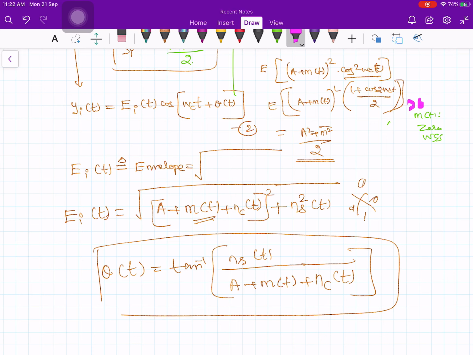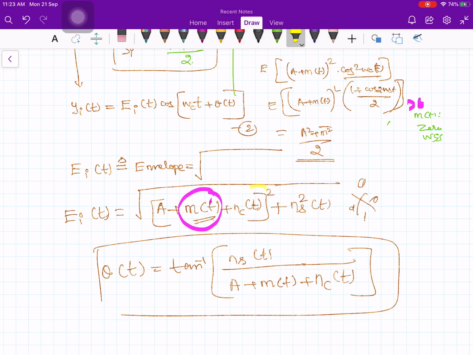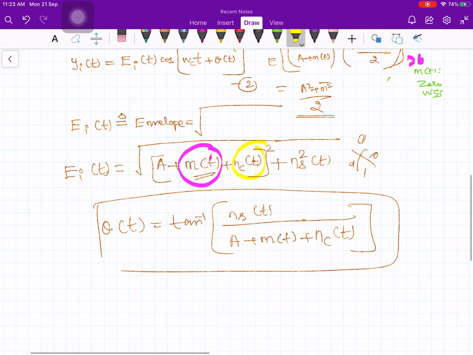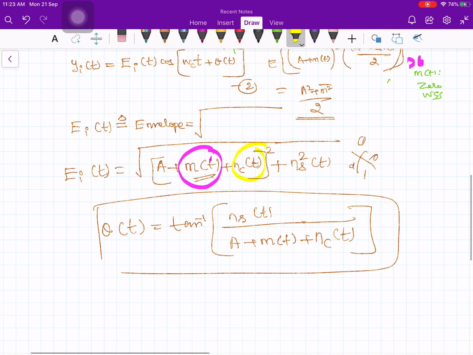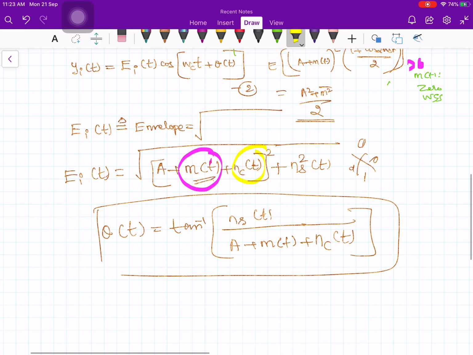This is my signal part and this is my noise part, but there is a non-linear dependence now. That's what makes the situation in general a little more difficult. So this is not that easy to analyze compared to SSB, DSB-SC and AM with synchronous demodulation, because it is a non-linear relationship.